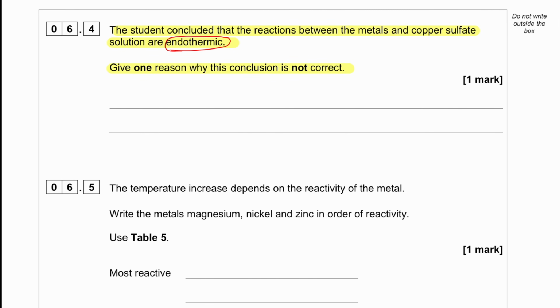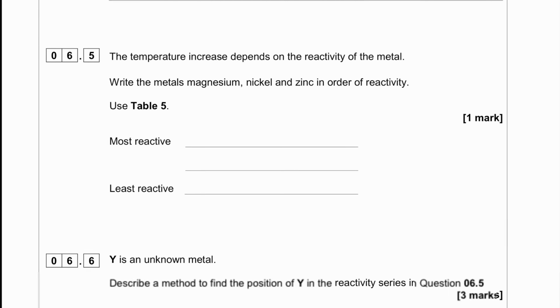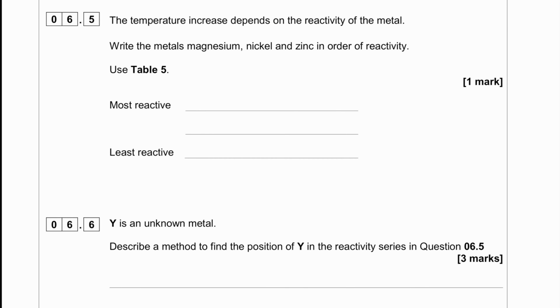All right. So we will say temperature increases in all reactions. Or we can say temperature does not decrease, which is the same point. 6.5, the temperature increase depends on the reactivity of the metal.